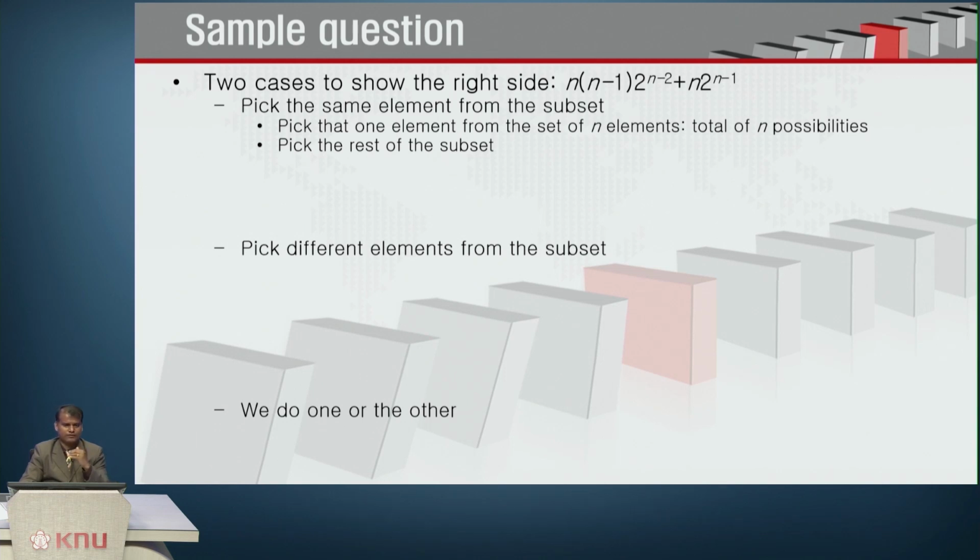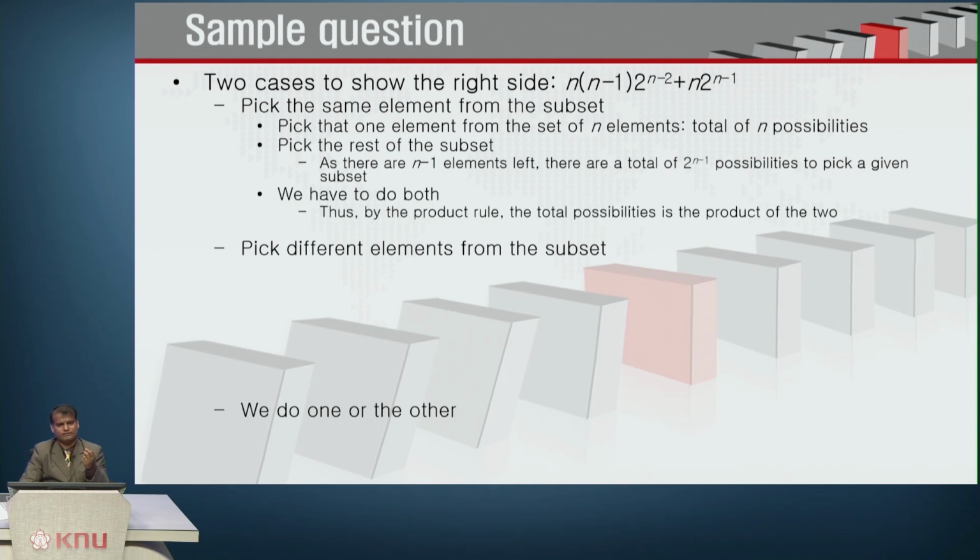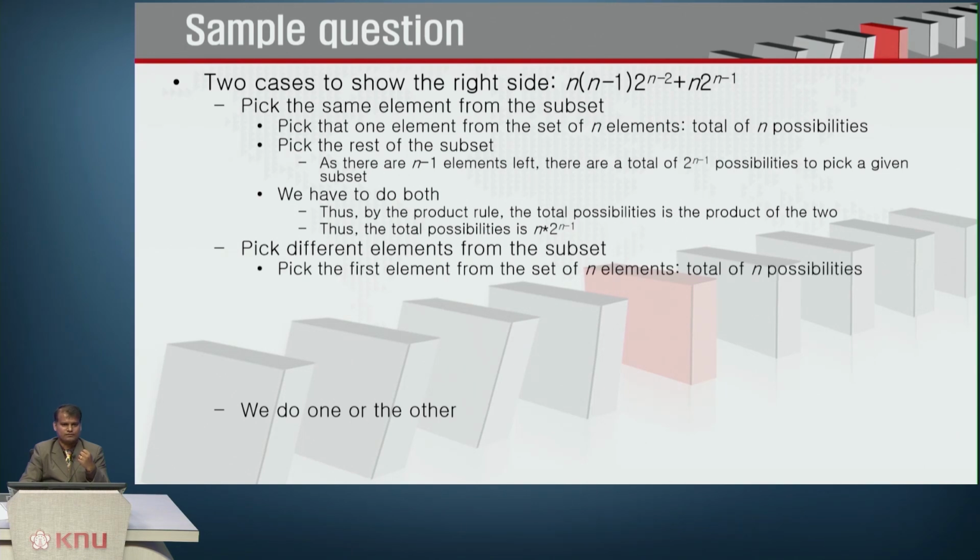When you pick one element from the subset of n elements, you have n possibilities there. Then n minus 1 elements are left once you choose 1 element from it. So there are a total of 2 power n minus 2 possibilities to pick for the given subset at that point. So you can use different ways. For example, if you pick different elements, the first element has n possibilities, and once you pick it, you have n minus 1 elements remaining.